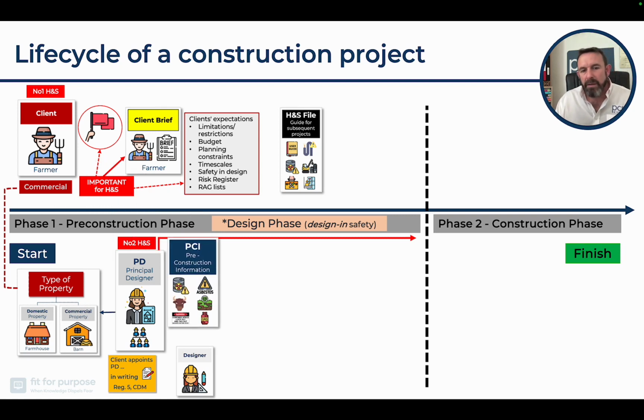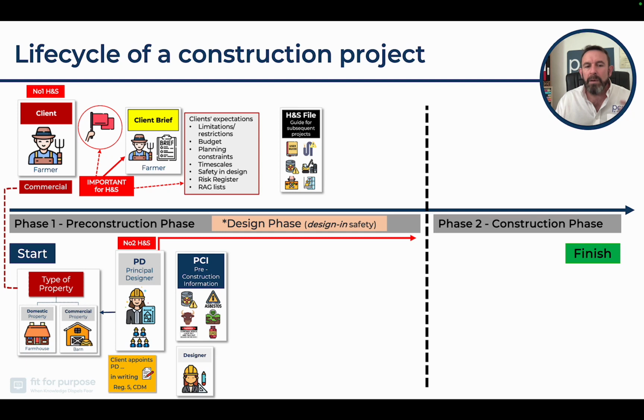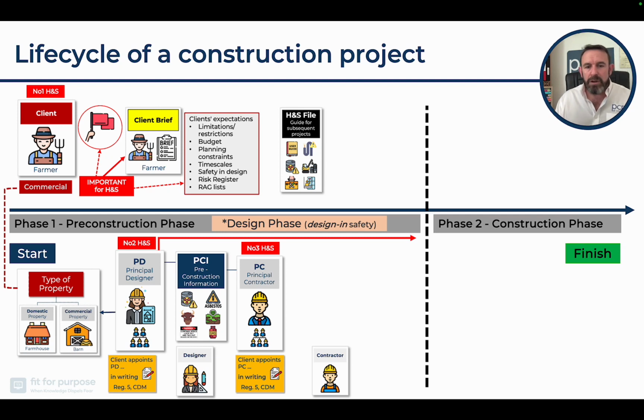Then we have the pre-construction information. That's really important. That's going to be coming from the client. The principal designer is going to pull that out. And because that pre-construction information is going to be needed by the principal contractor, and you can see I've put the principal contractor there as really important, number 3.